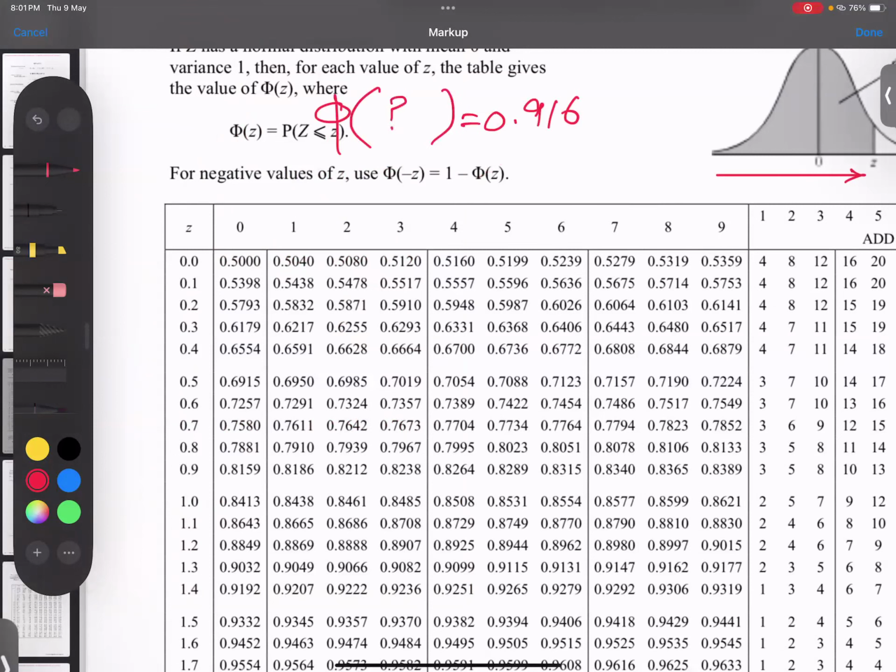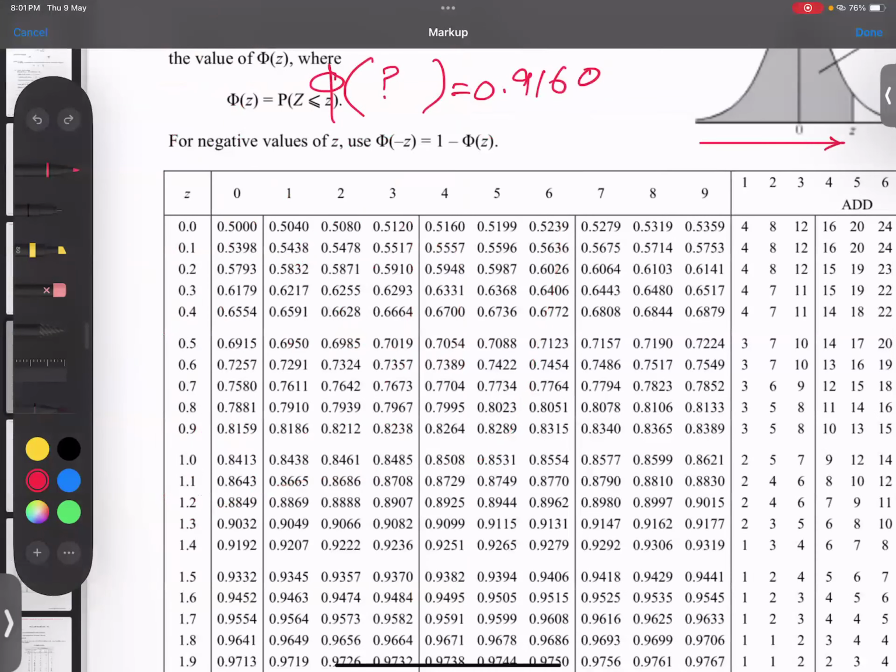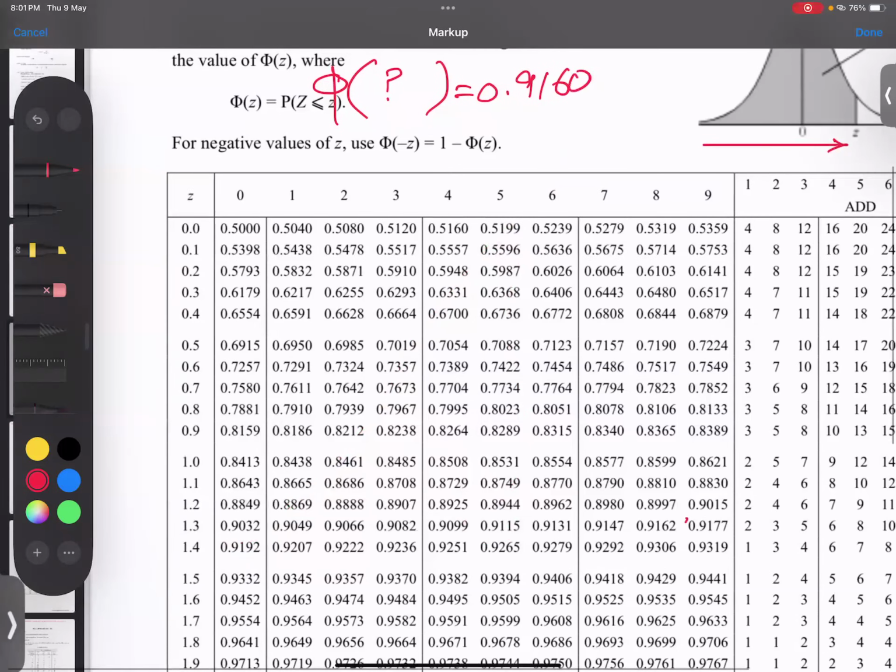With this number I'm looking for 0.916. I put an extra 0 here. So try to find this number in the table. Okay, 0.91, let me check. 9192 is crossing. 9115 is smaller. I think this is 60. Actually looking for 60, this is just crossing. This number is in our range.